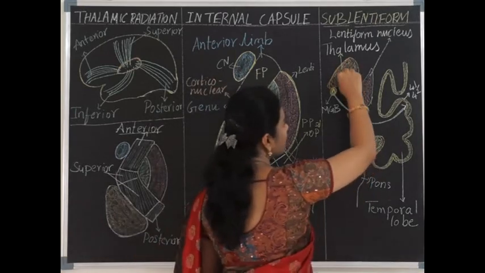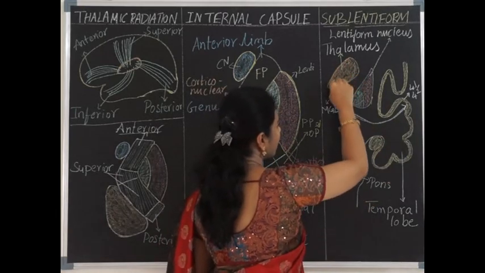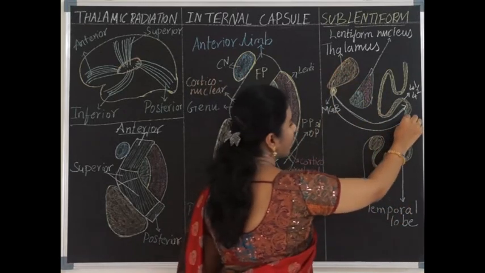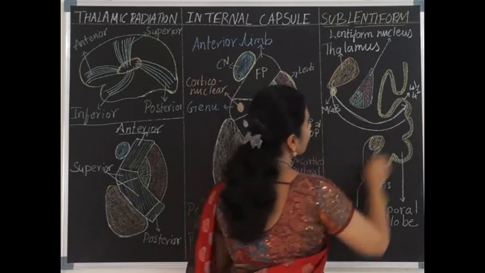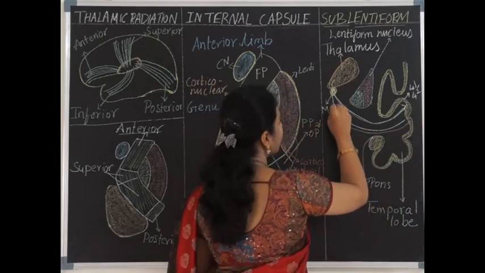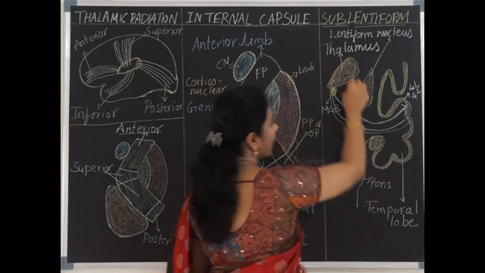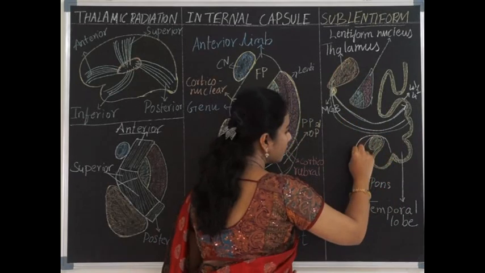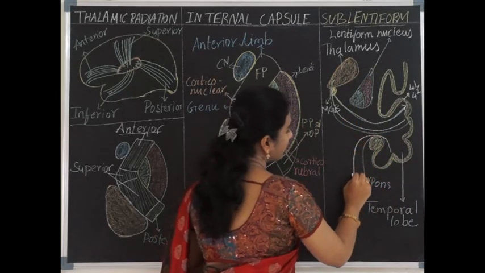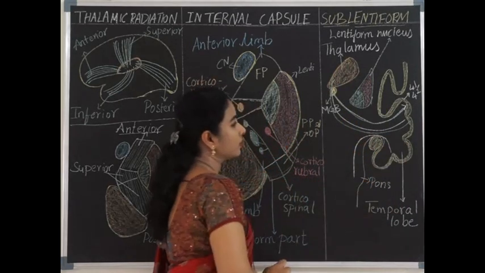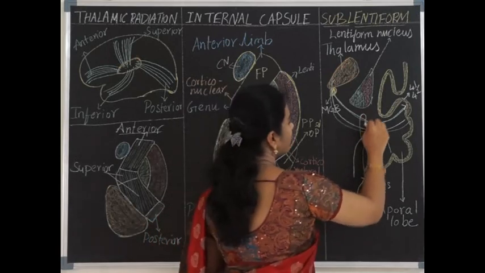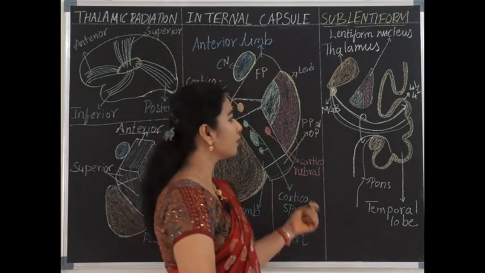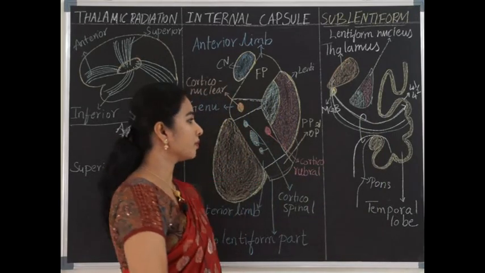From the thalamus to the temporal lobe, the fibers are called thalamotemporal fibers, and from the temporal lobe to the thalamus, the fibers are called temporothalamic fibers, and from the temporal lobe down towards the pons, the fibers are called temporopontine fibers. So all these fibers together form the sublentiform part present below the lentiform nucleus of the internal capsule.